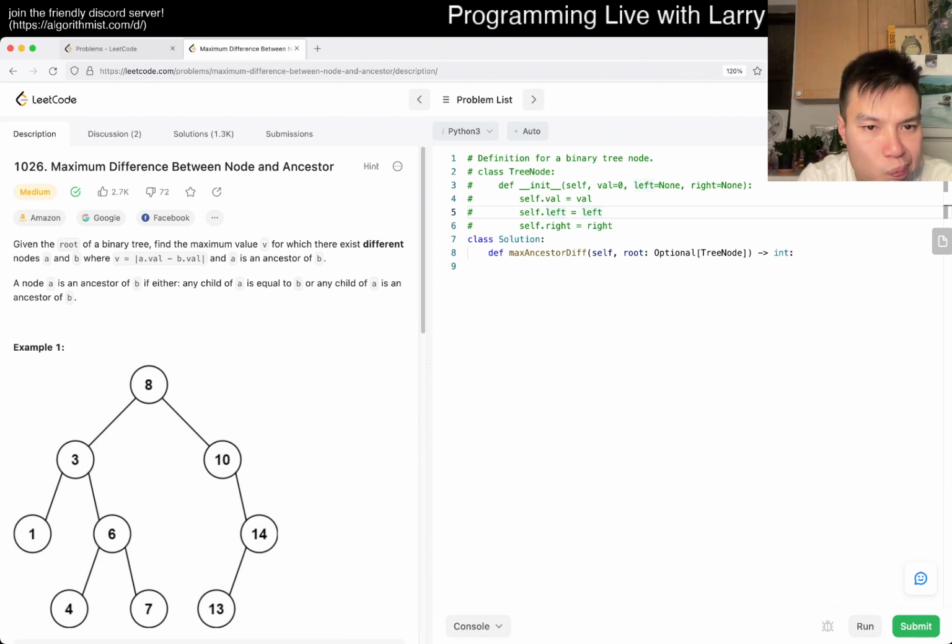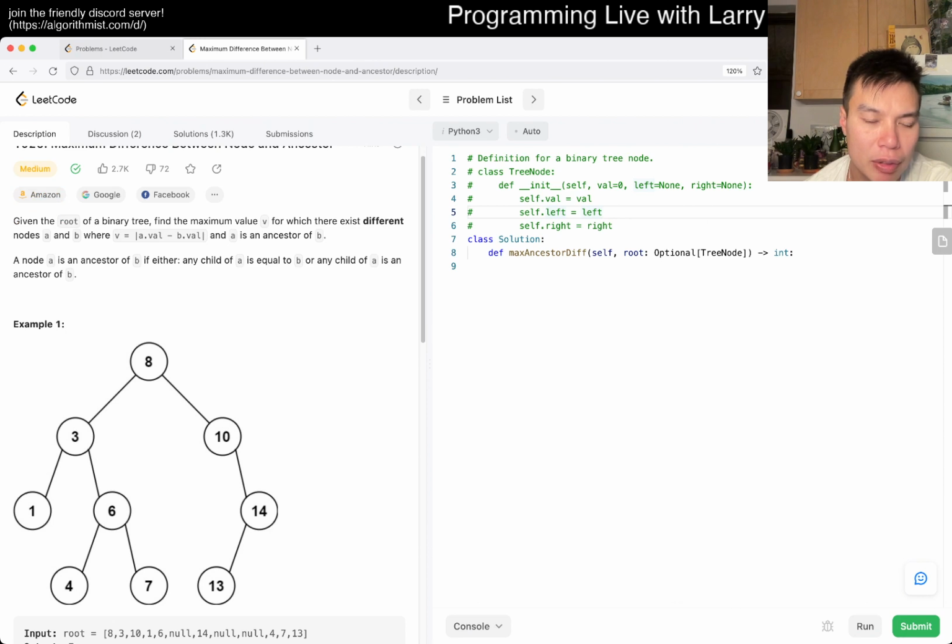Okay. So how do we do it? So for each node, we want to calculate everything, right?